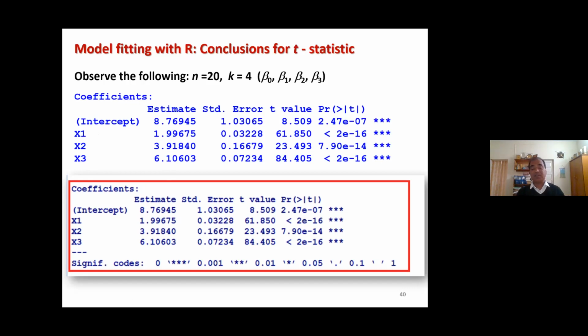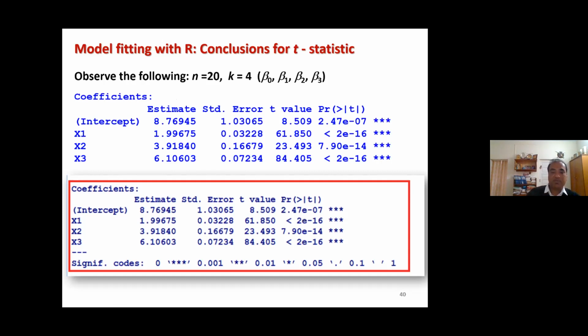So these are the estimates of the regression parameters. That means they are the values of B0, B1, B2, and B3. So the first value 8.7 is the value of B0. Second value is 1.9, that is B1, then B2, then B3. So the model is now going to be 8.7 plus 1.9 x1 plus 3.9 x2 plus 6.1 x3.